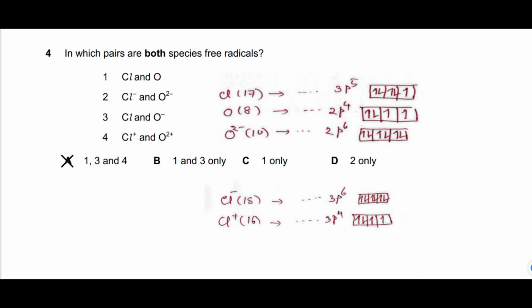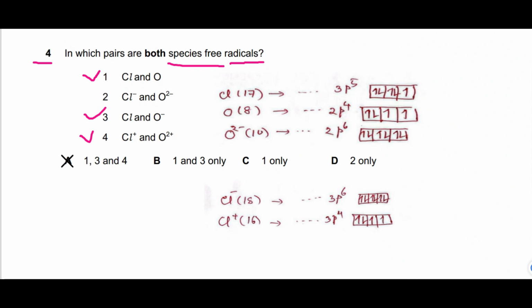Next, number 4. In which pairs are both species free radicals? You know, free radicals means species which have one or more unpaired electrons. So 1 is correct, 3 correct, 4 correct, 2 is wrong. Why? 1 is correct.